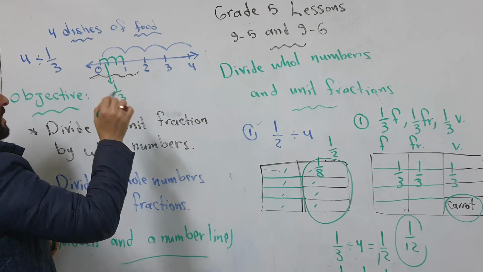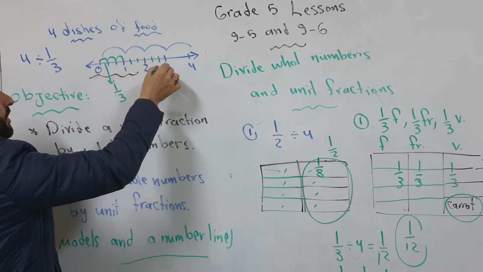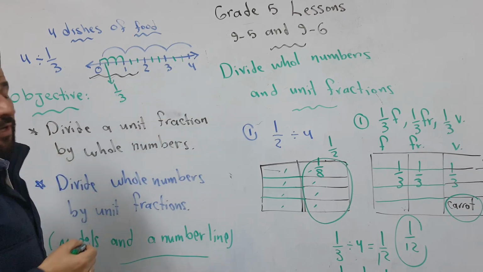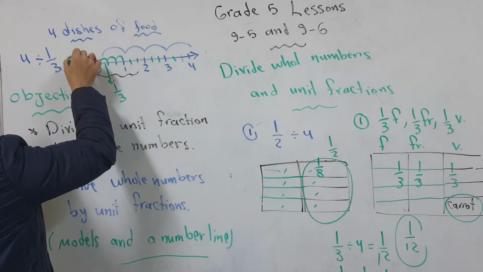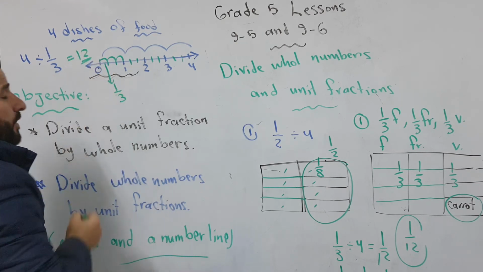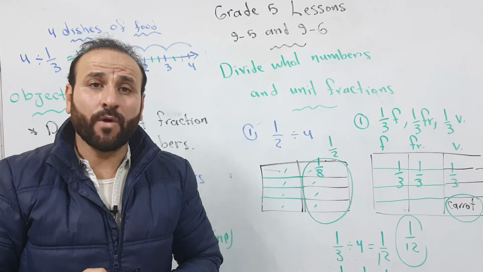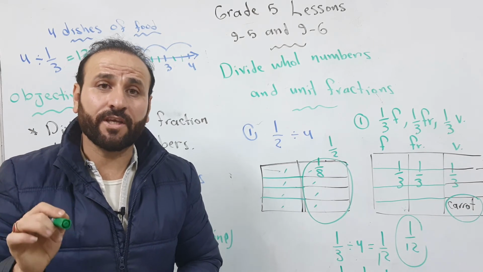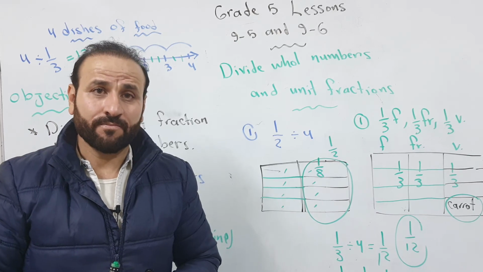We have 3 here, 3 here, 3 here, so we have 12. So we can serve 12 friends, where each friend will take 1 over 3 of the dish, and we have 4 dishes.